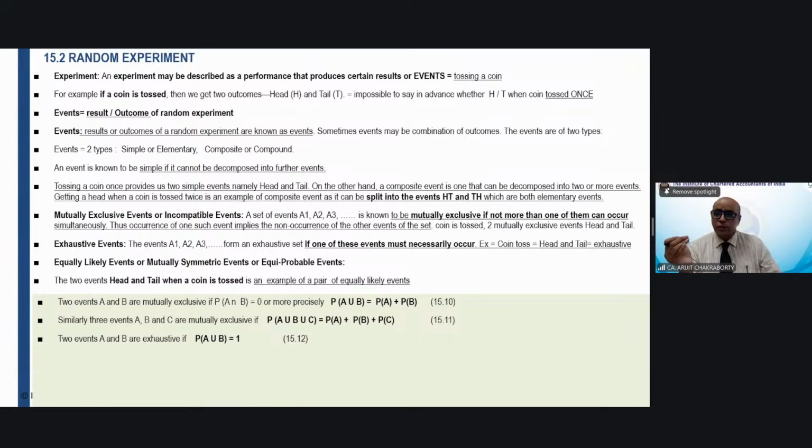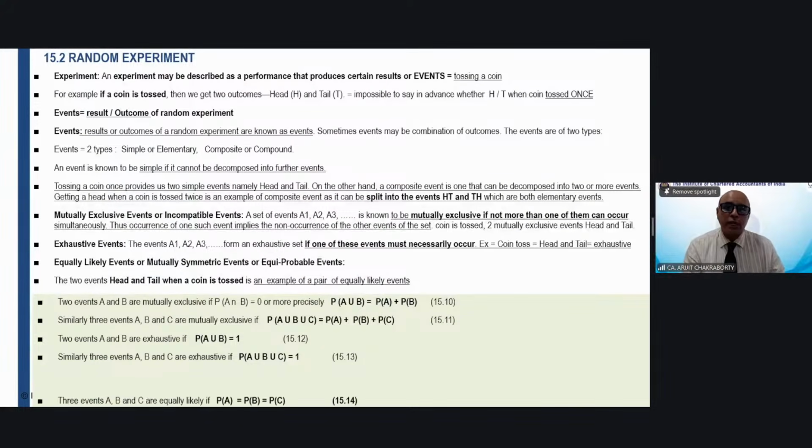And therefore, it's an exhaustive event and it's denoted by a full certainty, so its probability is 1. Similarly, for three events, we extend the same principle to three events A, B, and C. So probability of A union B union C is 1, where A, B, and C are three exhaustive events. That means one out of these three has to necessarily occur.